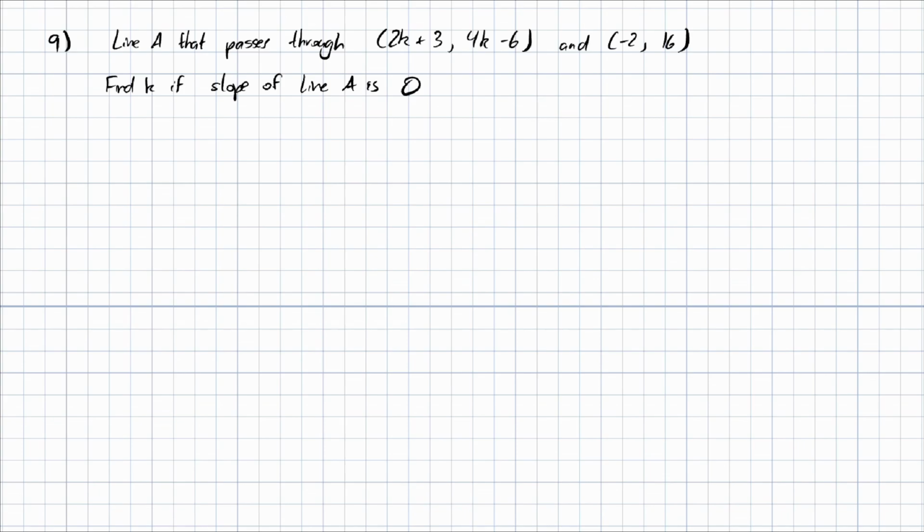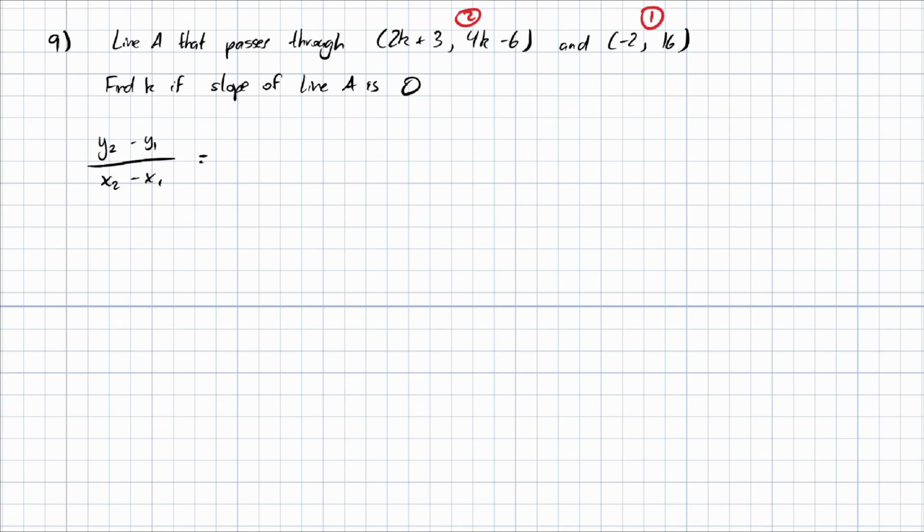Okay, so by definition of slope, we have y2 minus y1 over x2 minus x1. Sorry it took me so long, I guess I haven't done these questions in a while. So we're going to do this as point 2, this as point 1.